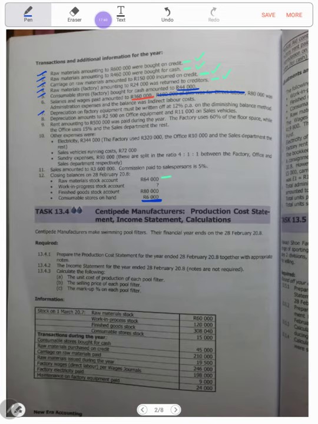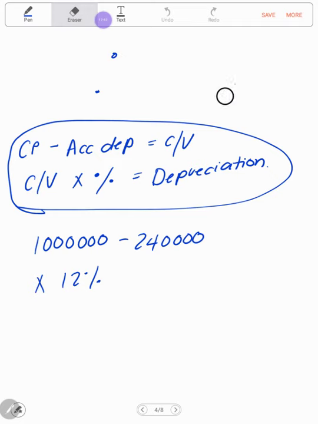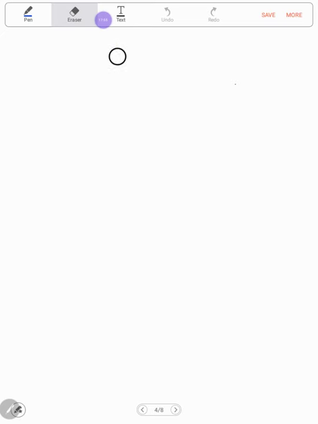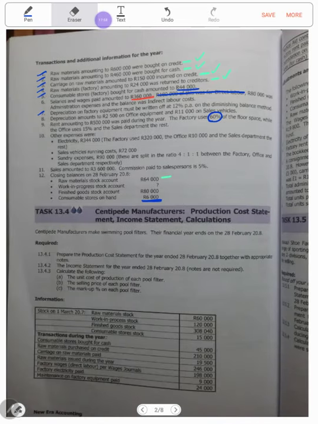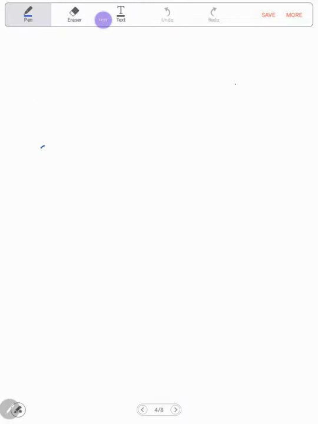They say the factory uses 60% of the floor space. So we are then going to take the full amount of the rent, which was 500,000, and you're going to multiply it by 60% to figure out what is the rent which the factory pays.